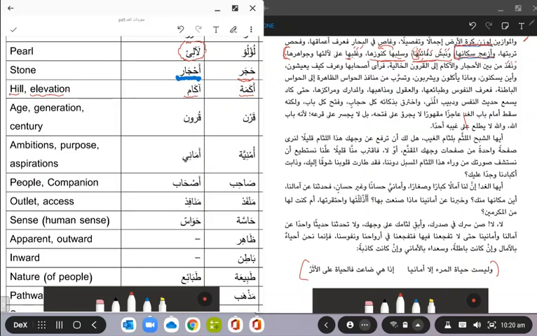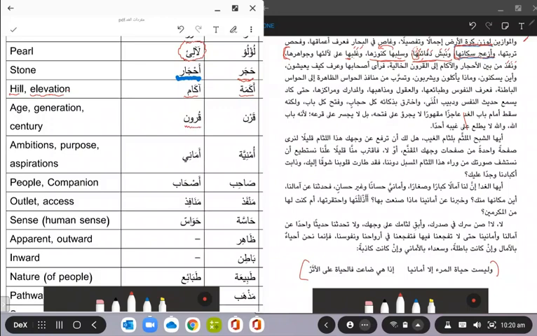So what did he do? He penetrated from, and I'm translating it literally, okay? And he, or not and, comma, he penetrated from between the rocks or the stones and the hills to al-qurun.